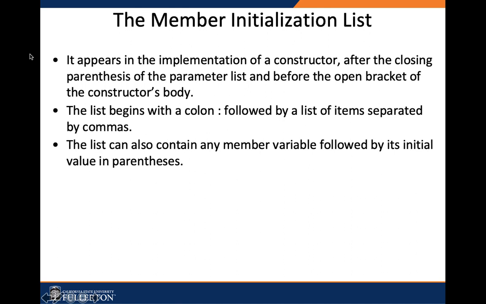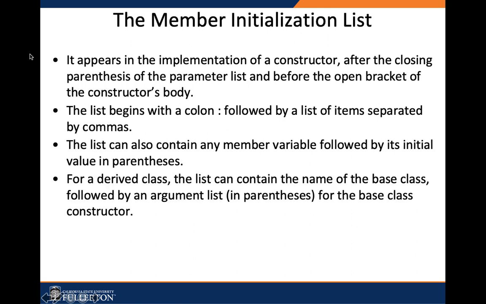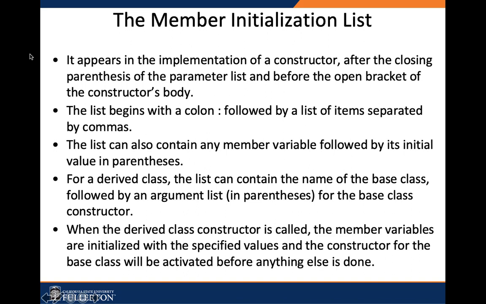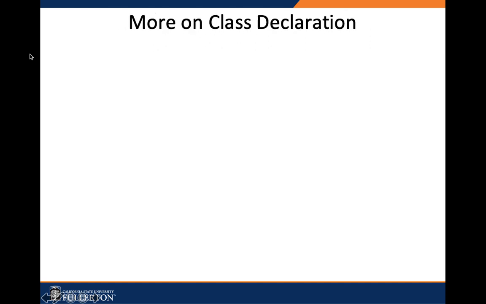The list can also contain any member variable followed by its initial value in parentheses. If you have a derived class, the list can contain the name of the base class followed by an argument list in parentheses for the base class constructor. When the derived class constructor is called, the member variables are initialized with the specified values, and the constructor for the base class will be activated before anything else is done.